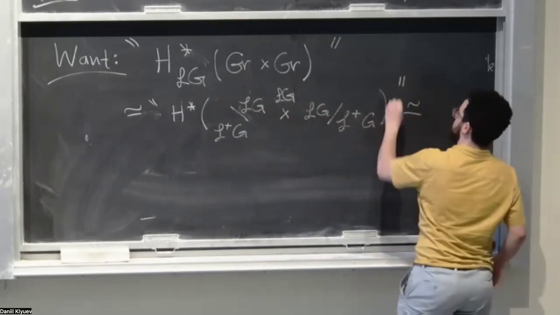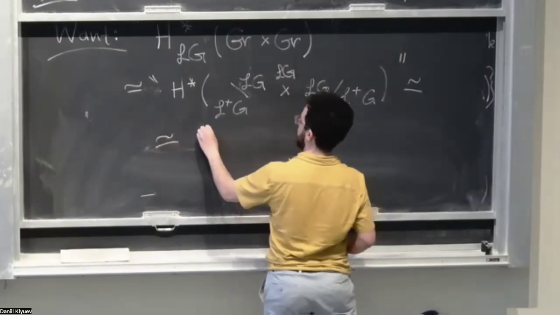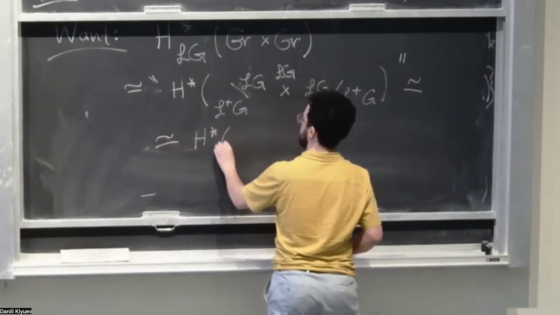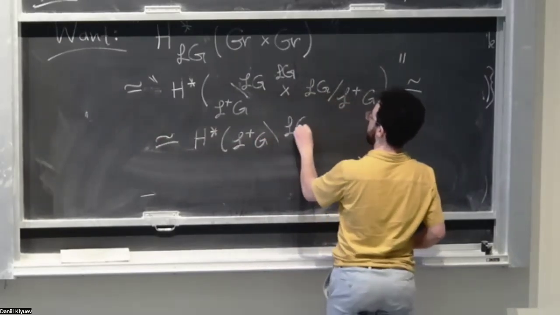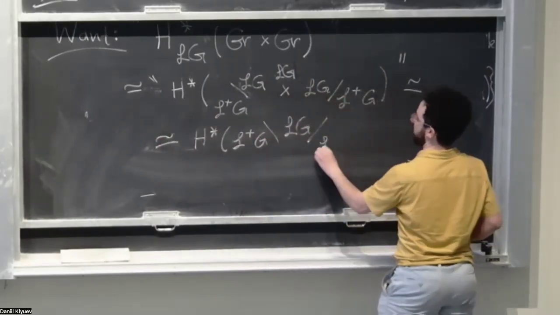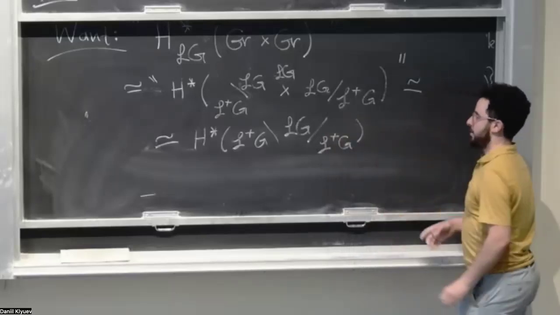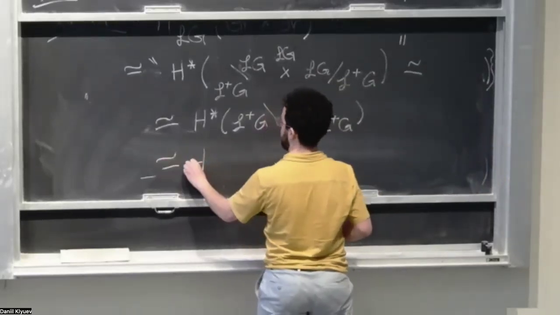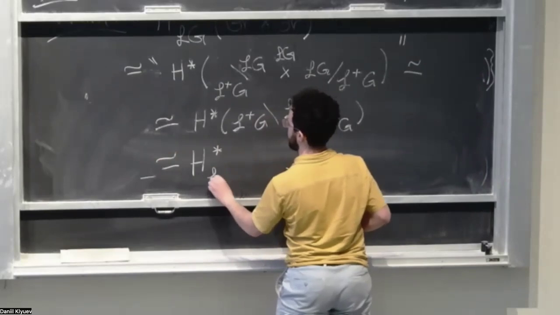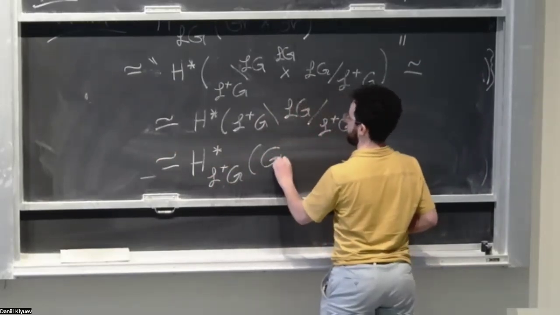And now we can cancel them. So this is loop of G, positive loop of G, double quotient by the two left and right actions of positive loops, which is another way to write it as L plus equivariant cohomology of the Affine Grassmannian.